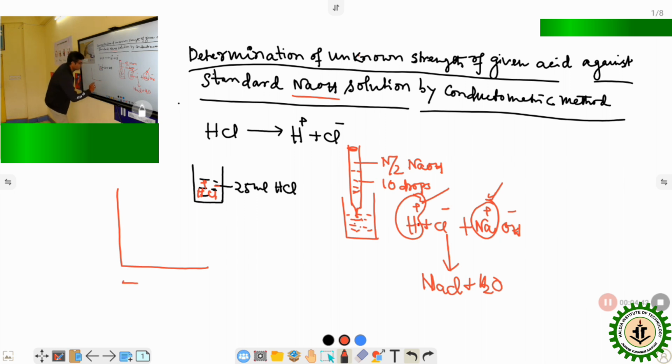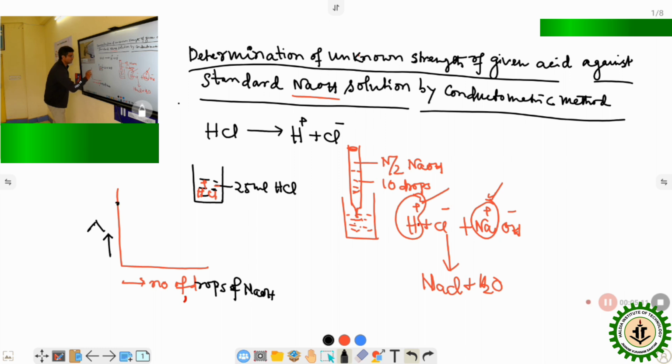So, if we plot the number of drops of NaOH versus conductance, what will happen?